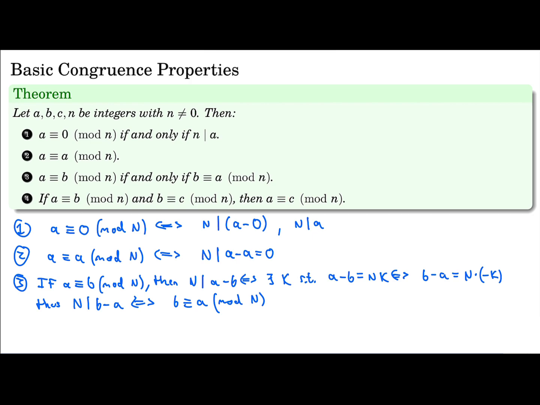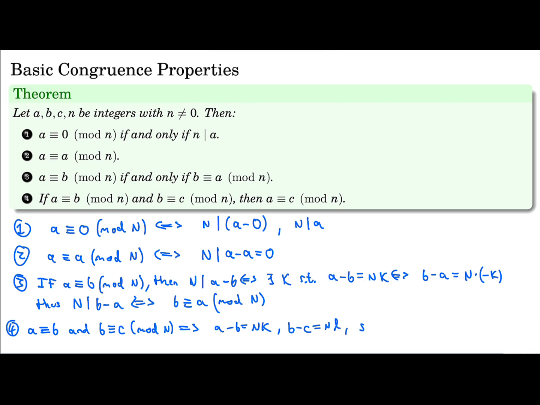And so to see that, if you have A congruent to B and B congruent to C, let's say both of them mod n, what this means is that you're going to have k and l such that A minus B is equal to nk and B minus C is equal to nl.